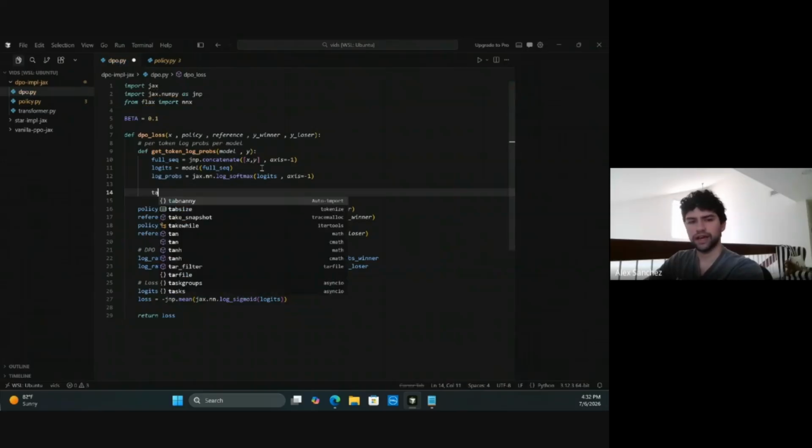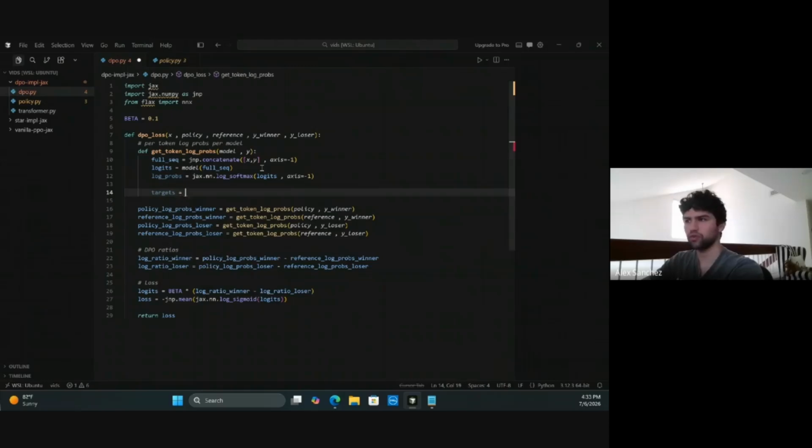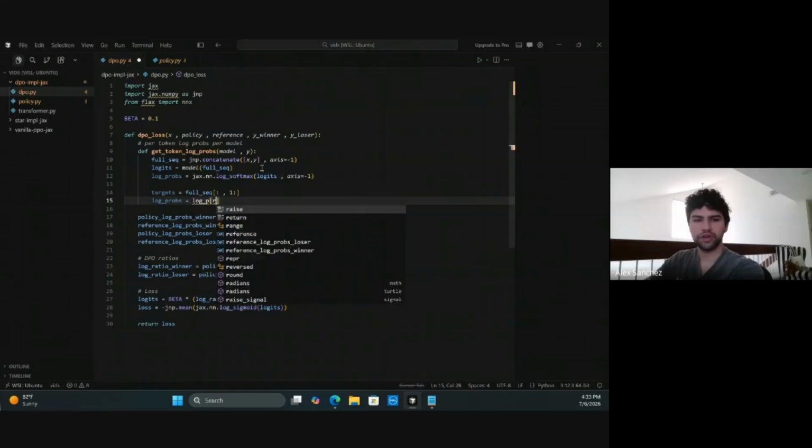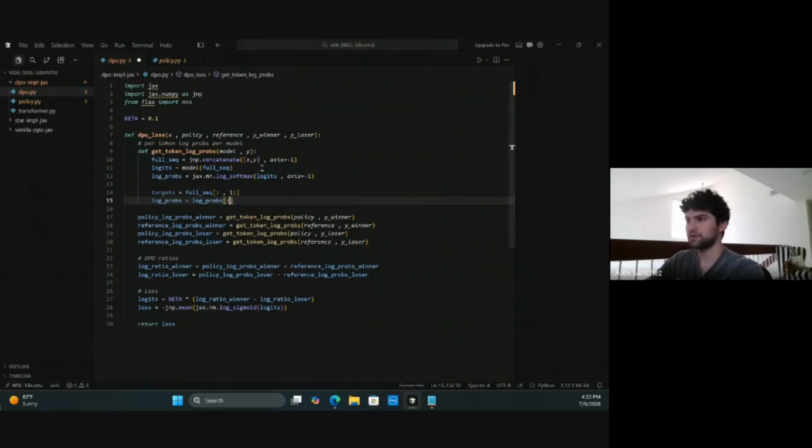Now we're going to define the actual targets. Remember, the targets are one ahead. So we copy the same list, but have it one ahead on the second axis, and then we get the log probs from there.